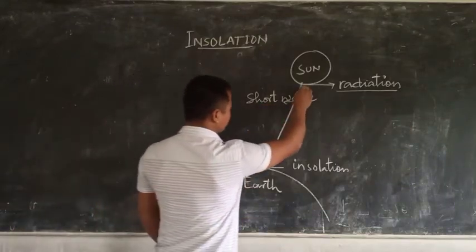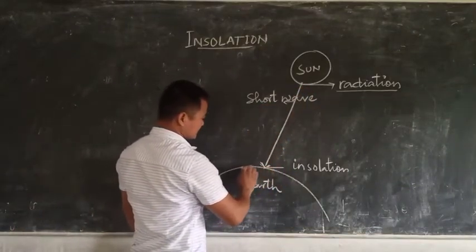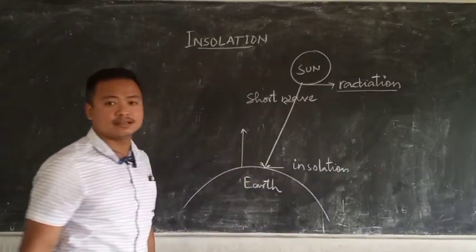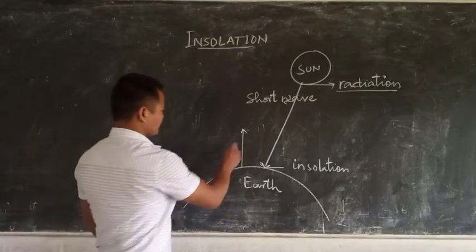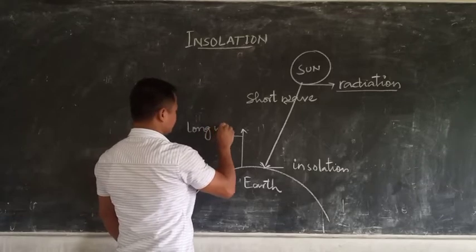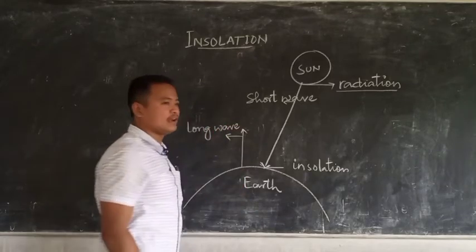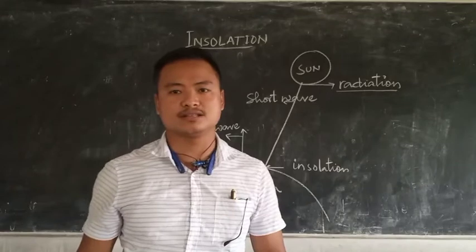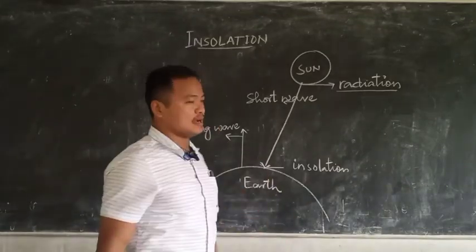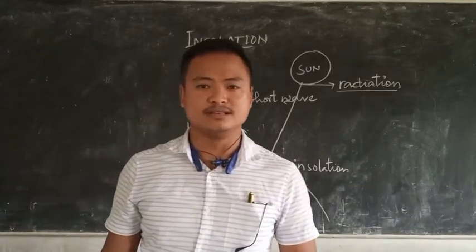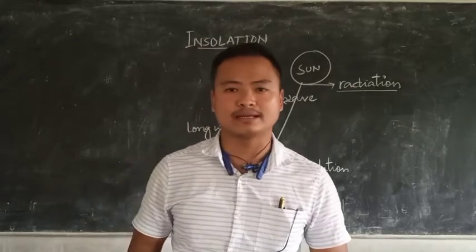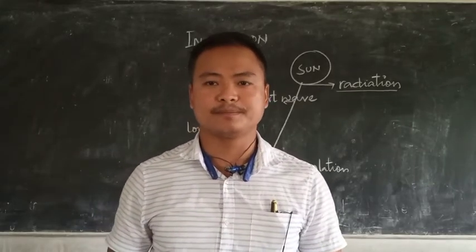Well, this short wave radiation, when it reaches the Earth's surface, hits the Earth's surface, and again the heat rises from the Earth's surface back to the atmosphere, and this is known as long wave radiation. The long wave radiations are also known as terrestrial radiation or infrared rays, while the short wave radiations are the ultraviolet rays that reach the Earth's surface. Though it's harmful, we are very well protected by the Earth's atmosphere.